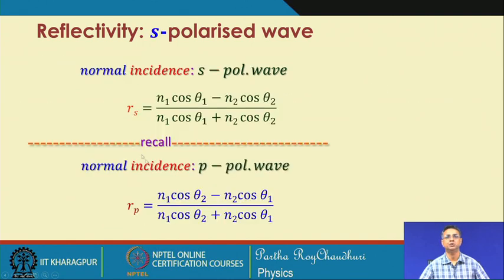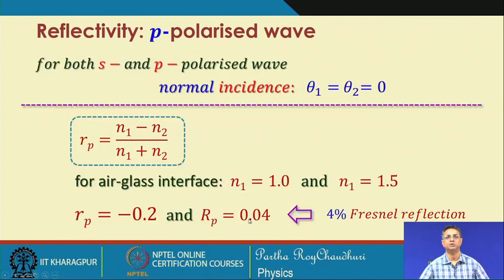The same thing will come out if I substitute in this equation, that is, cosine theta 1 and cosine theta 2 are put equal to 1, then r p will again be n 1 minus n 2 by n 1 plus n 2. So, r p and r s both are given by this n 1 minus n 2 by n 1 plus n 2.